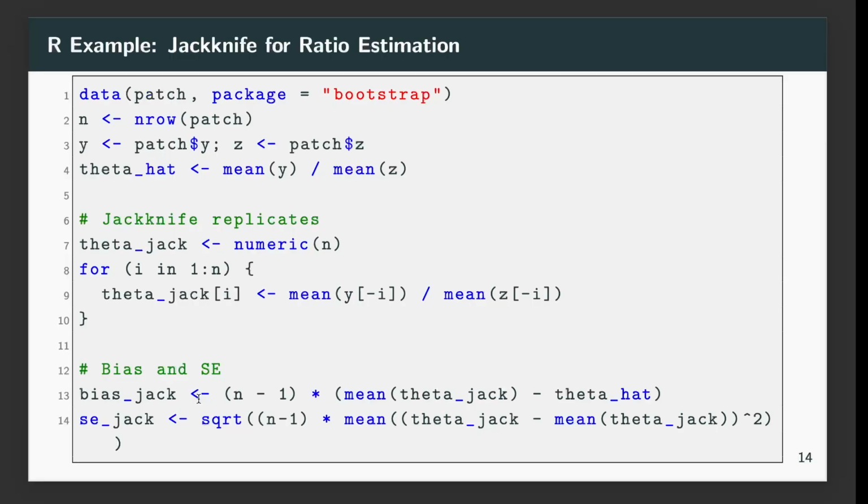Try to run this code and then let us discuss what this bias and standard error mean. And you can compare this to the Bootstrap. Let's say you rerun this using the Bootstrap, run it for B number of times, and then try to compare to the results of the Bootstrap.